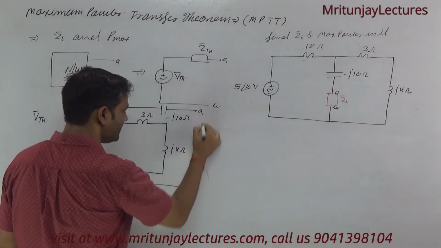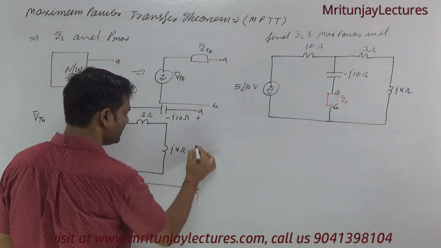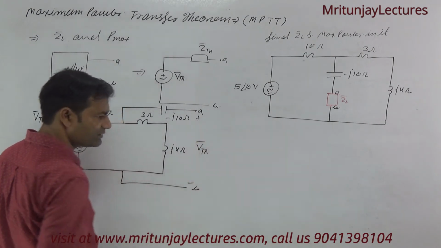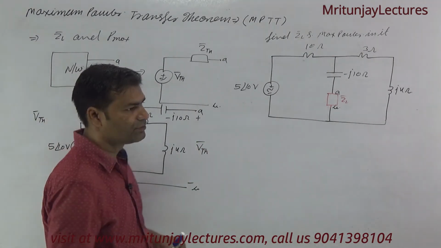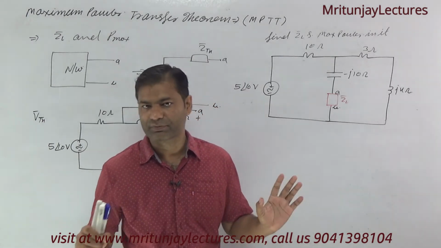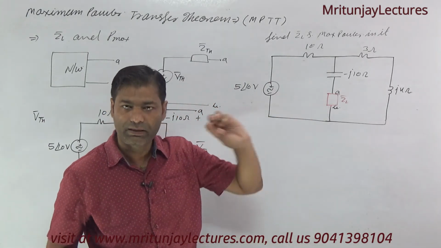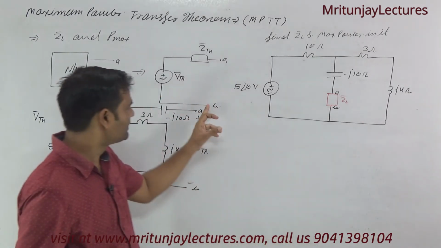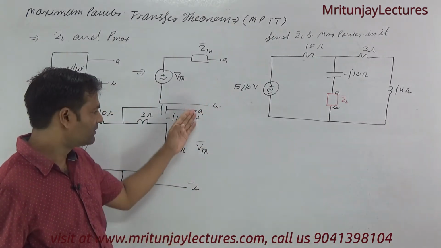This one is A and that is B, with plus minus VTH. Our motto is to determine VTH. If you determine VTH corresponding to the load, the load is removed, and after the load is removed, it is an open circuit. Then we get VTH.